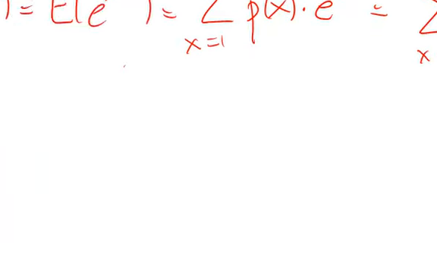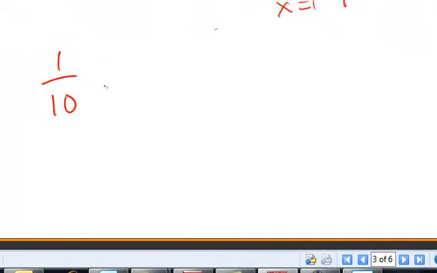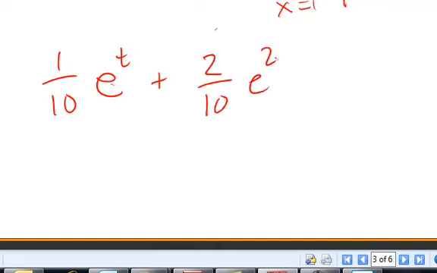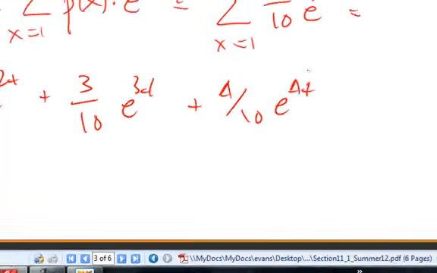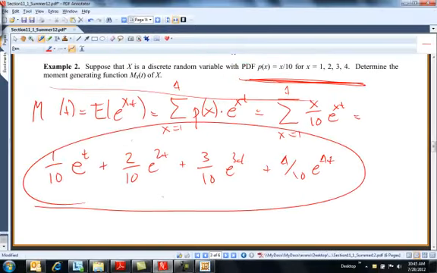This is equal to 1/10 e to the t plus 2/10 e to the 2t plus 3/10 e to the 3t plus 4/10 e to the 4t. So this is the moment generating function of this discrete random variable.